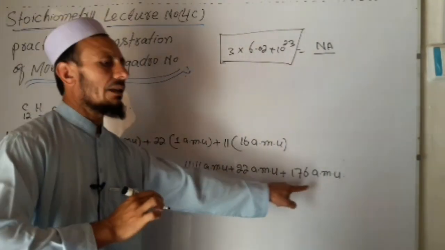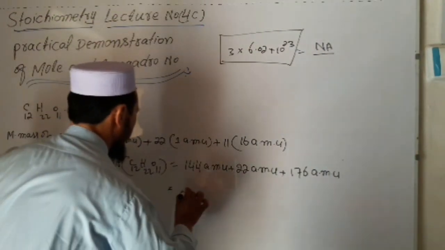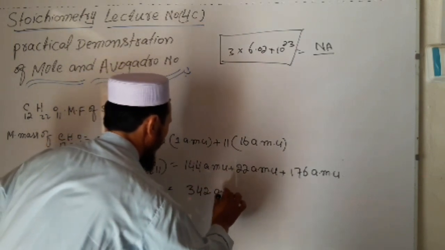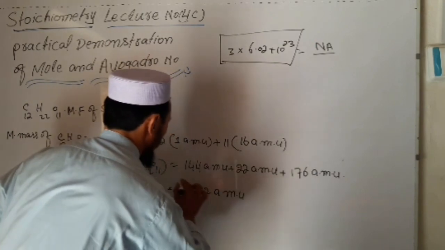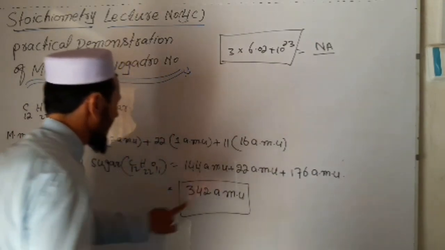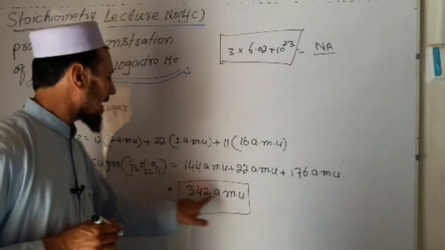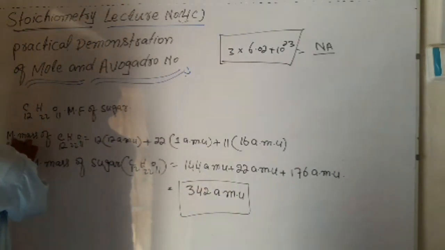Now by adding all of these, we will get 342 AMU. This 342 AMU is the molecular mass of sugar.